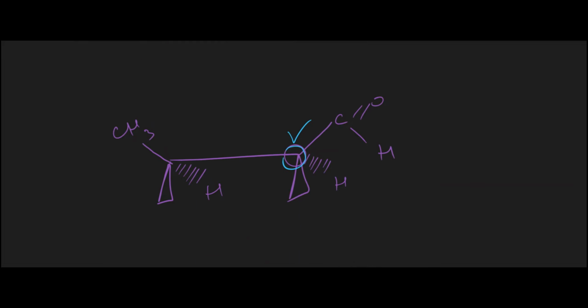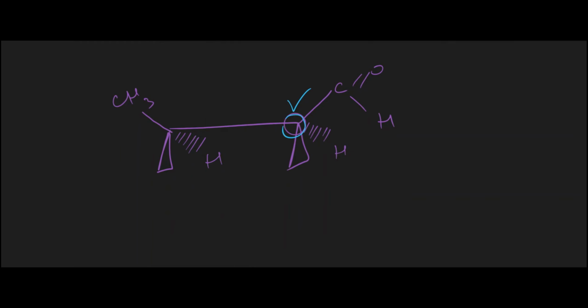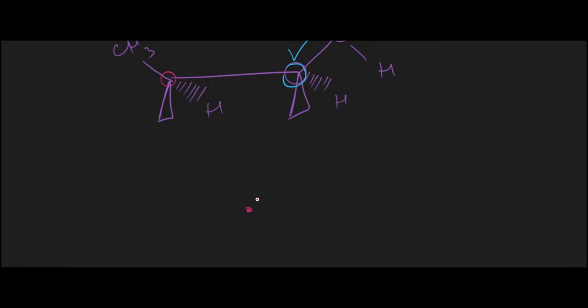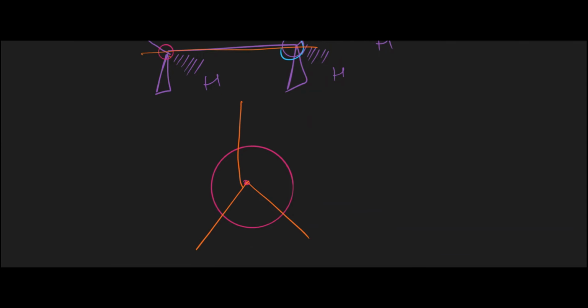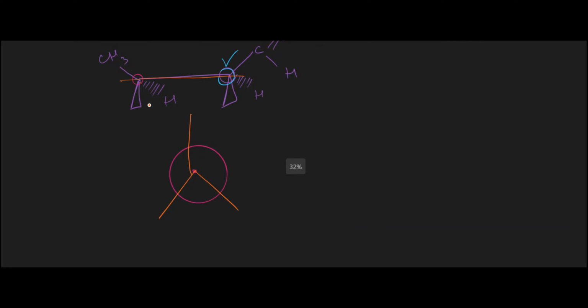I would give you a hint: this projection is an eclipsed form. So this is the hint that I have given to you. This is the horizon, and anything that is above the horizon will be written as it is, and the things that are below the horizon will be below the horizon. So let's say we are viewing the compound from the right side, the dashes will be written on the right side.